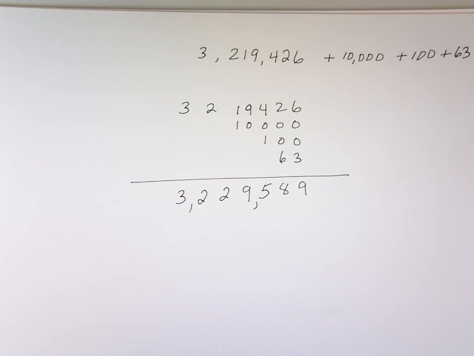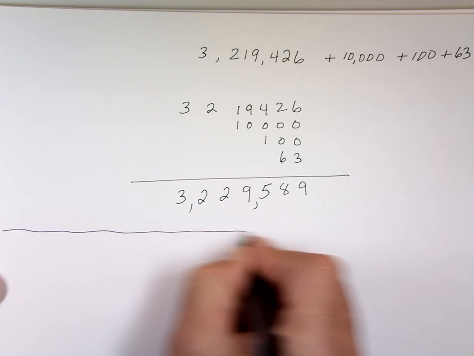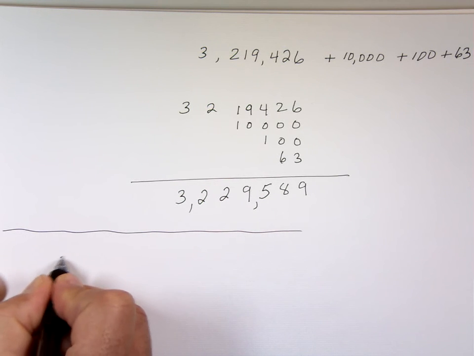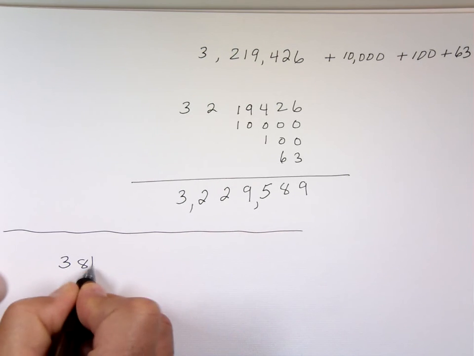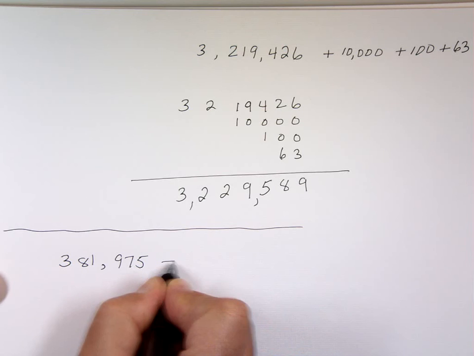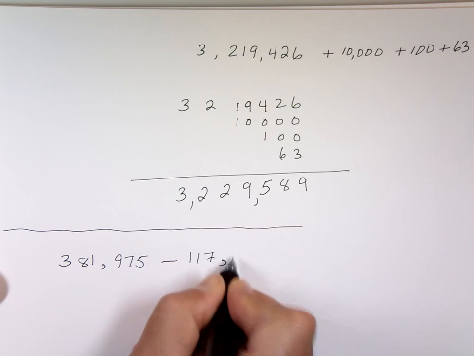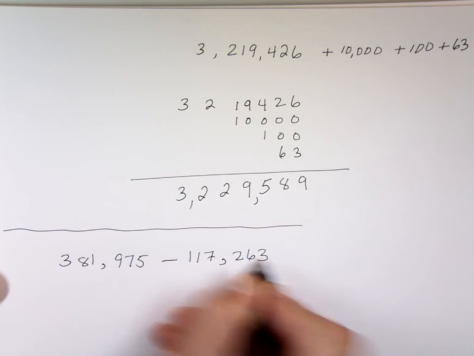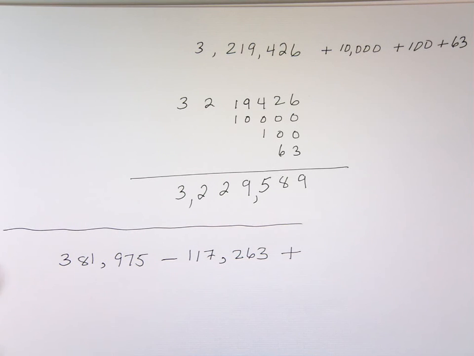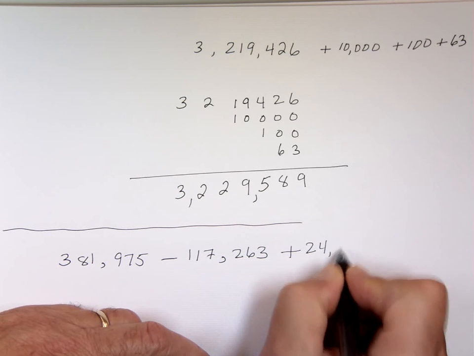Let's try another big number, subtraction. We have 381,975, and you want to subtract from it 117,263. Let me have fun with it. And then you want to add to it, I decided to mix them, 24,003.